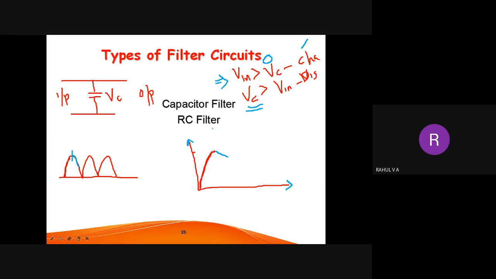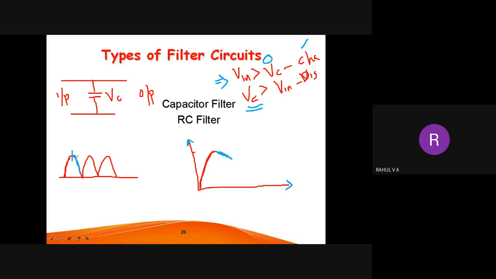So the capacitor voltage is now greater than the input voltage. The input suddenly came to zero from the peak, but the capacitor is not like that. The capacitor is fully charged now. It will discharge. The capacitor voltage is greater than the input voltage now, so the capacitor will discharge slowly, like this.